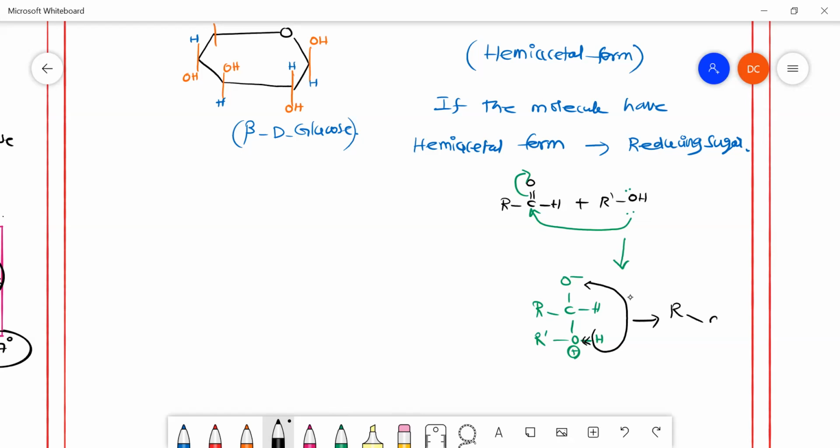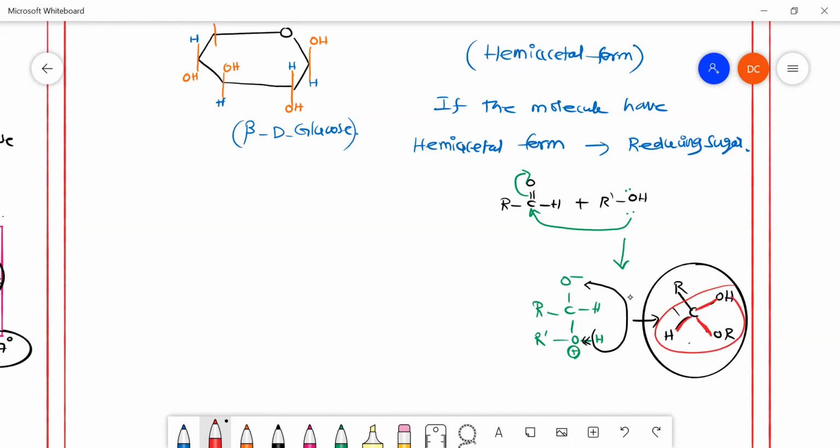Then R, C, H, and here we can write like this also: C, R, OH, OR and H. You must remember these things: if one carbon is attached with an OH group, an OR group, and hydrogen, if a single carbon is attached with all these groups, then it is called hemiacetal form.